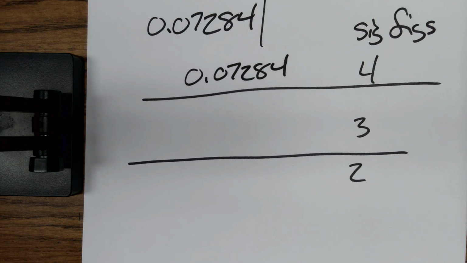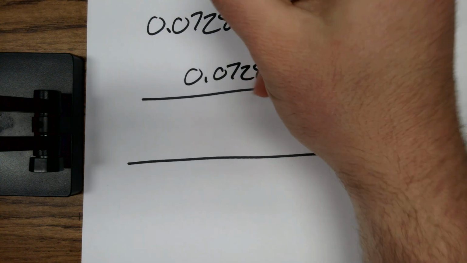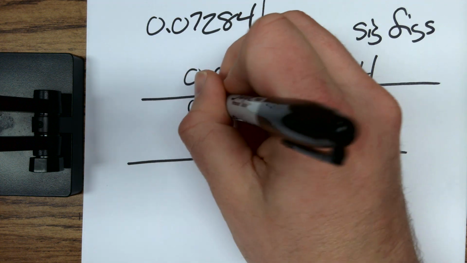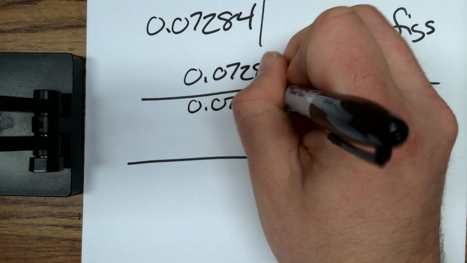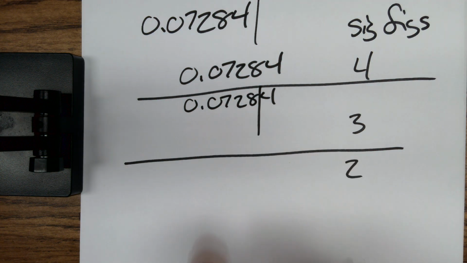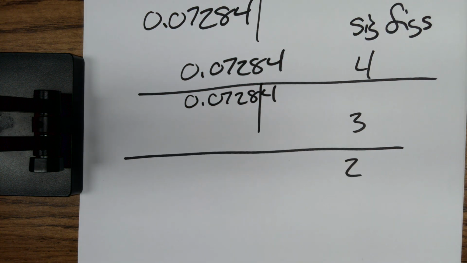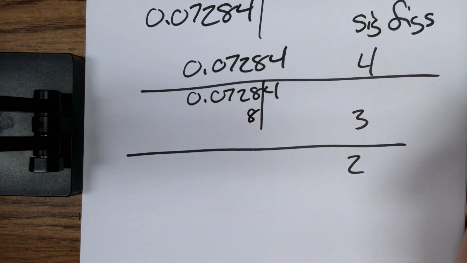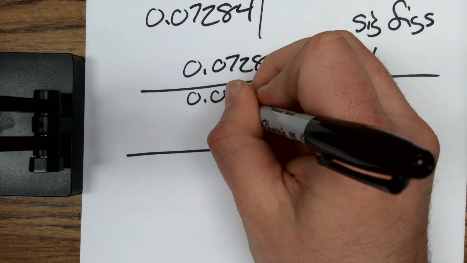What about rounding to 3 Sig Figs? Where am I going to put my rounding bar? Between the 8 and the 4. Is my 4 big enough to push my 8 to a 9? My 8 didn't change, so that means my other spots didn't change either.